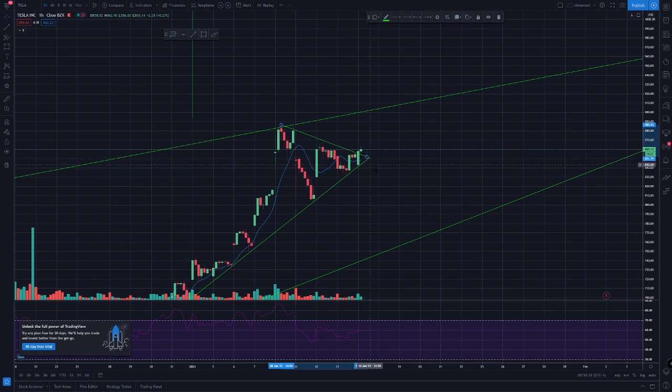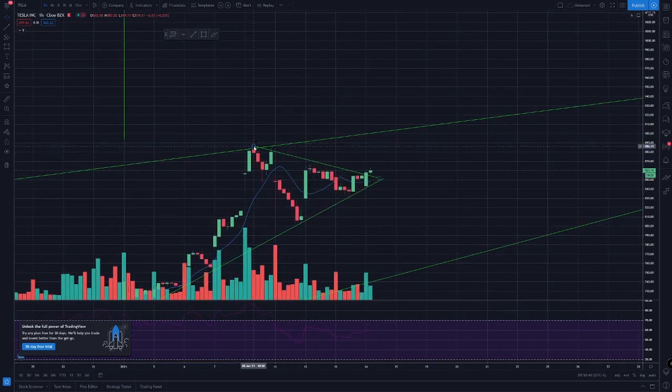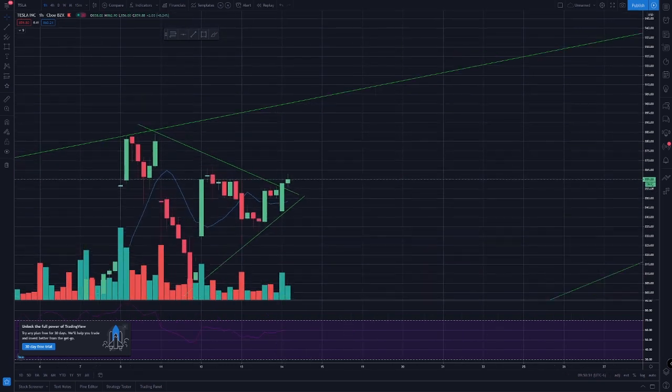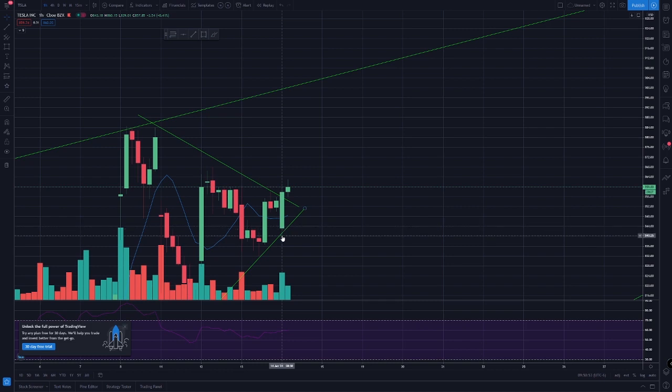I would say it got rejected right here at that little point, and then came down, came up, got rejected, came down, came up, got rejected on that red line, and then it came down, got rejected on this support line, came up, broke through this one, and now we're heading up.